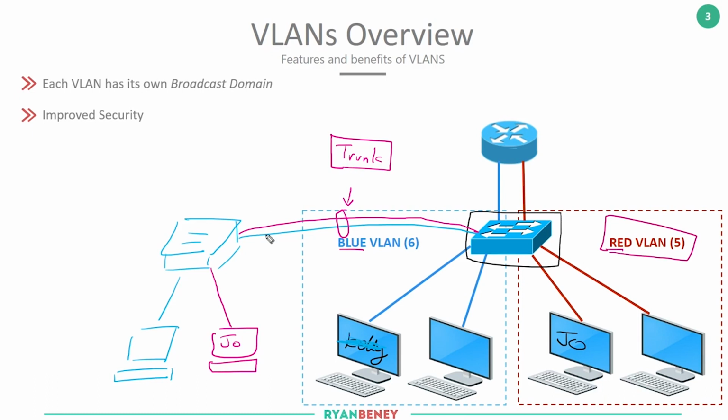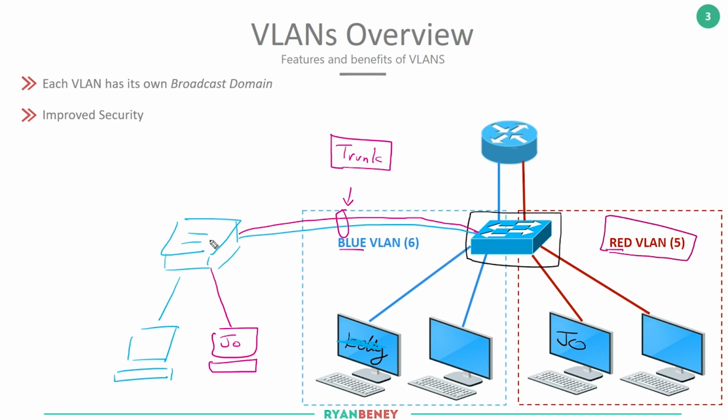So it's about understanding the separation and the decoupling between the physical and logical elements displayed here. Physically, we have two switches. Logically, we have two broadcast domains. We have red and blue.